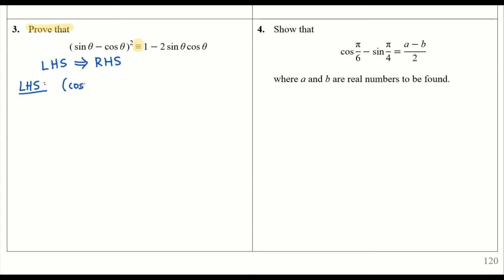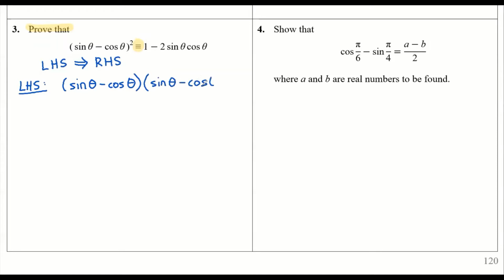So we've got cos theta. No, that's wrong. Apologies. Sine theta. I'm sorry about that. Subtract cos theta. And then if I'm squaring it, I just multiply it by the same thing.